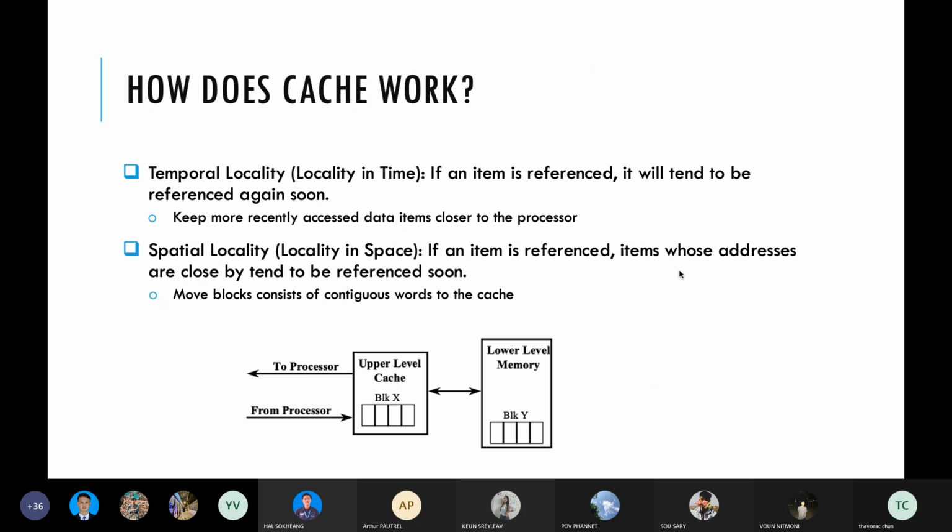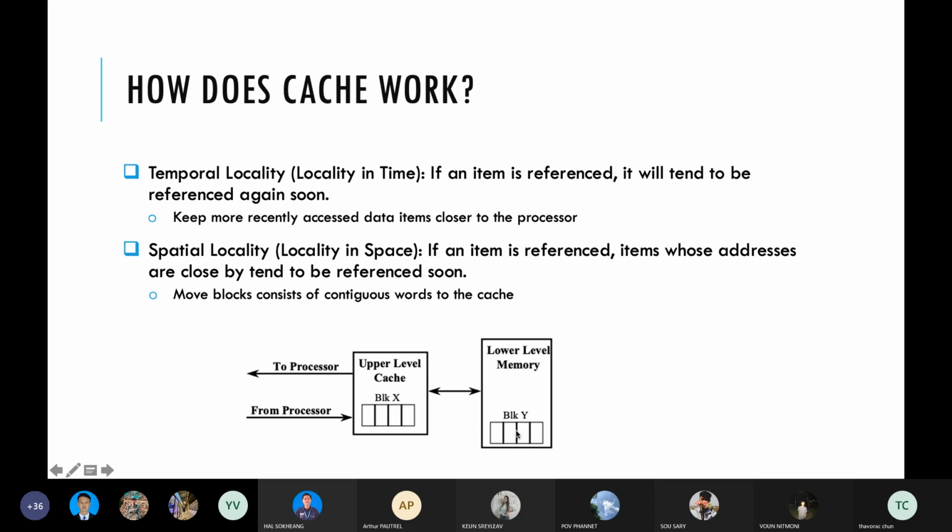Okay. So here we talk about how cache works. And you see here we have two localities of reference, the temporal and the spatial. Actually, I already explained a lot about this.